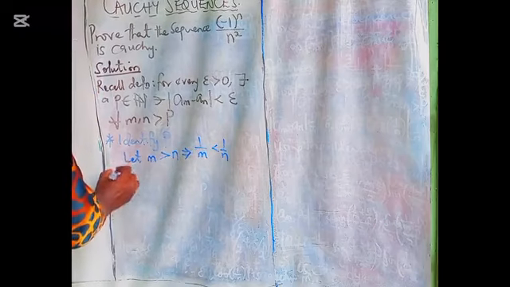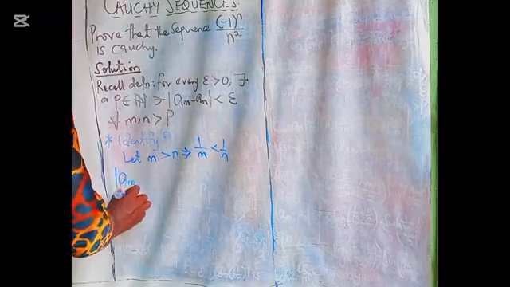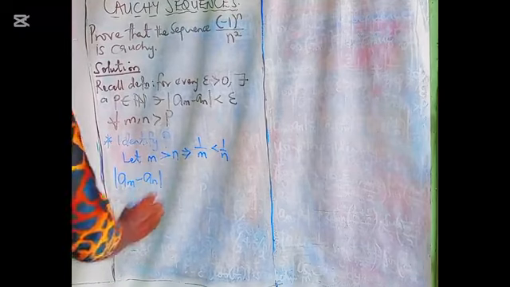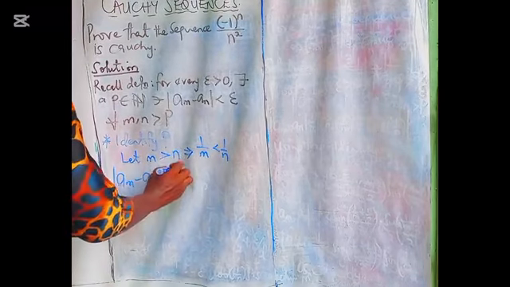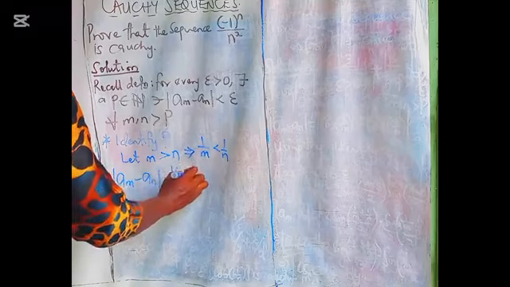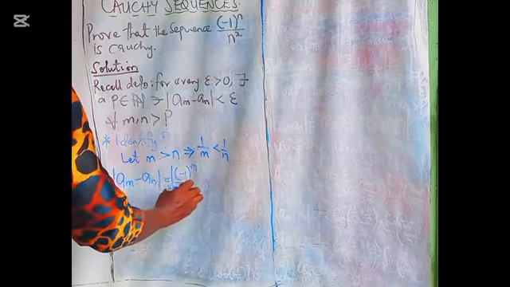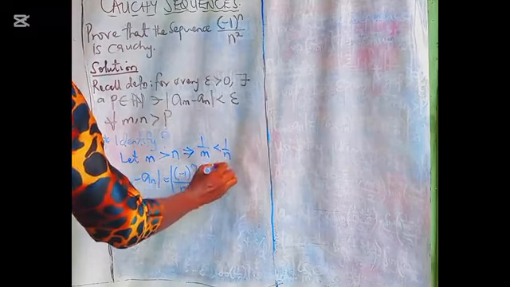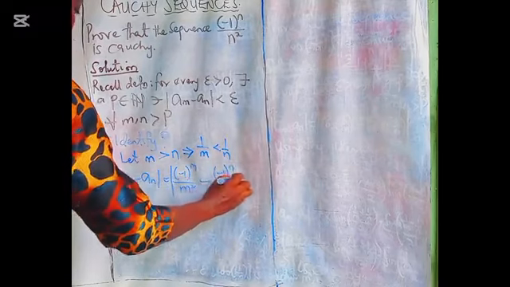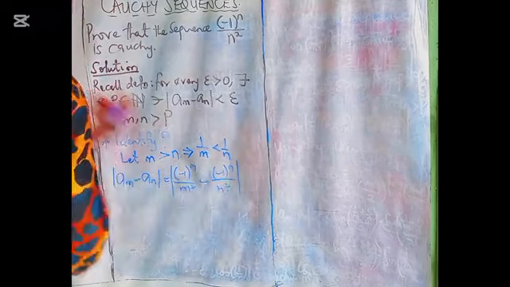Therefore, let's try to identify our p. a_m minus a_n will be equal to (-1)^m over m squared minus (-1)^n over n squared.